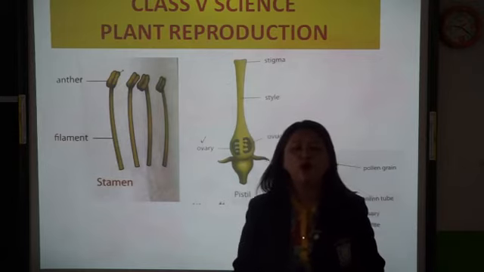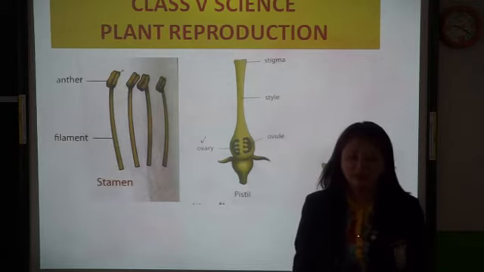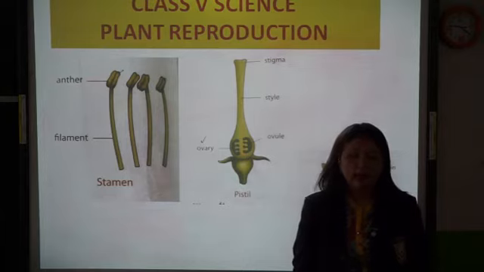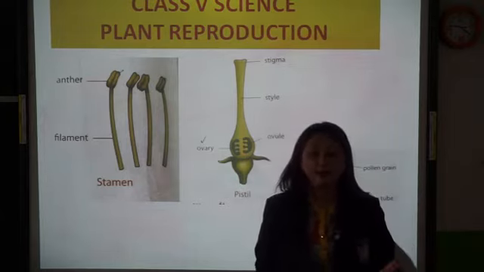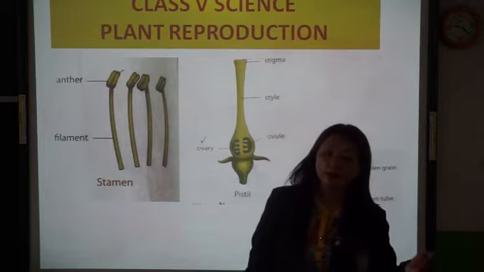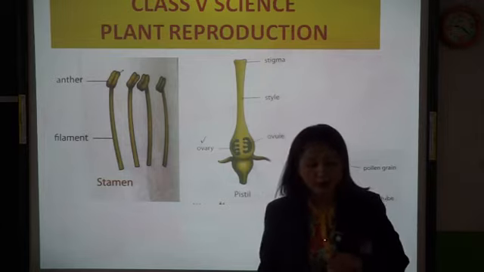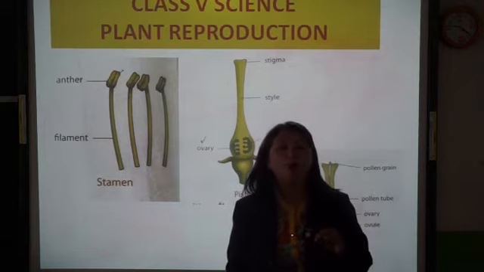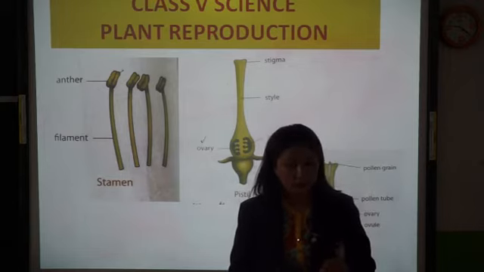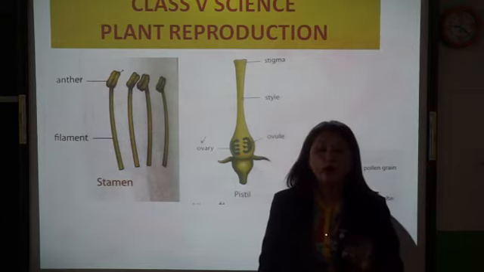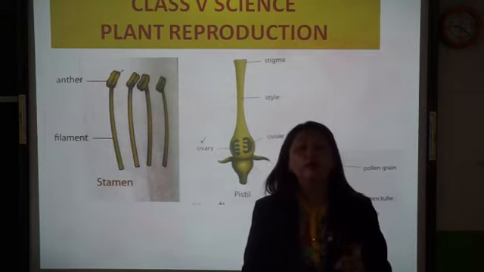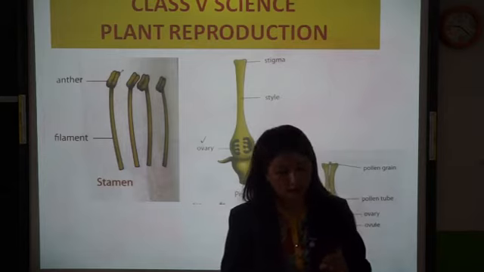Now, let us talk about fertilization. As you know, the transfer of pollen grains from the anther to the stigma is known as pollination. Now, pollination is not enough for reproduction of a new plant.